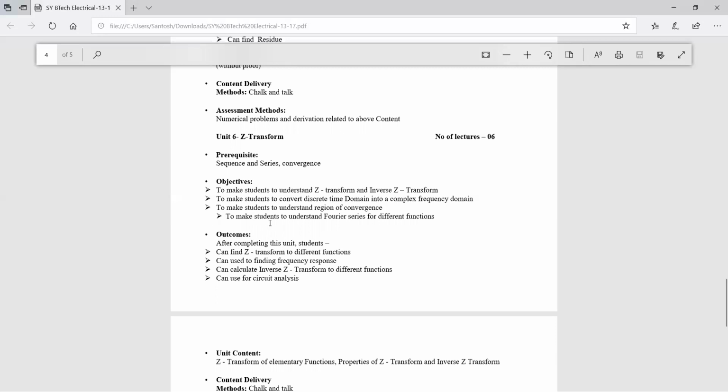To make students understand Fourier series for different functions. Now, outcomes: after completing this unit, students can find the Z transform of different functions, can use it to find frequency response, can calculate the inverse Z transform of different functions, and can use it for circuit analysis.